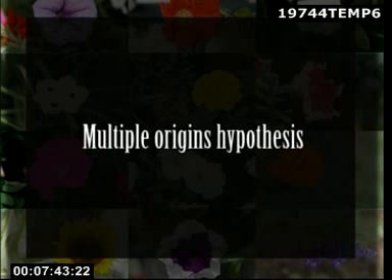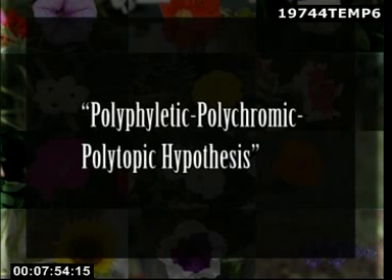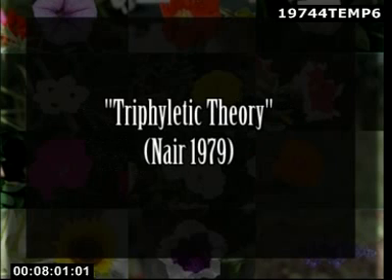Multiple origin hypothesis. According to this hypothesis, the flowering plants evolved from multiple unrelated seed plant lineages. The polyphyletic, polychronic, polytopic hypothesis and Nair's triphyletic theory are best placed in these hypotheses.